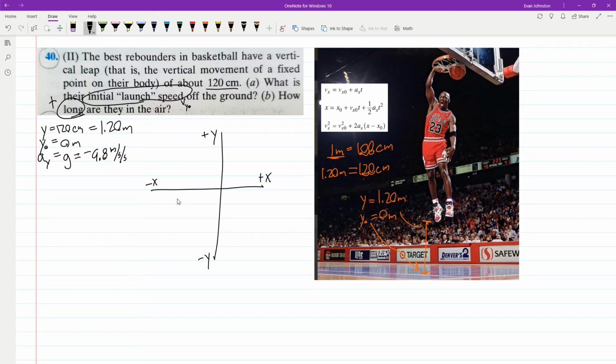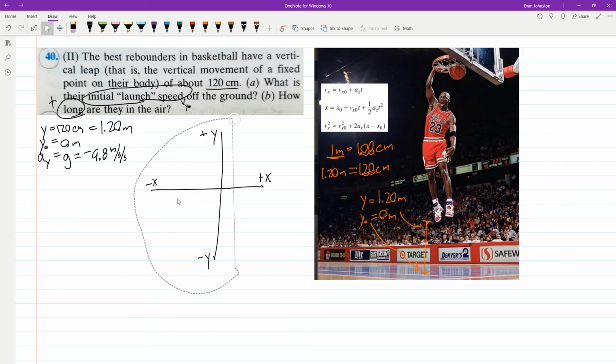If you want to be weird, you can totally call up the negative direction and down the positive direction, but then you have to start changing your numbers and your values, right? That would mean that if this is 0 down here, he went negative 1.2 meters up, and then it just gets kind of screwy. So I would encourage you to not do things that way. I would probably just call that positive and this one negative, okay?